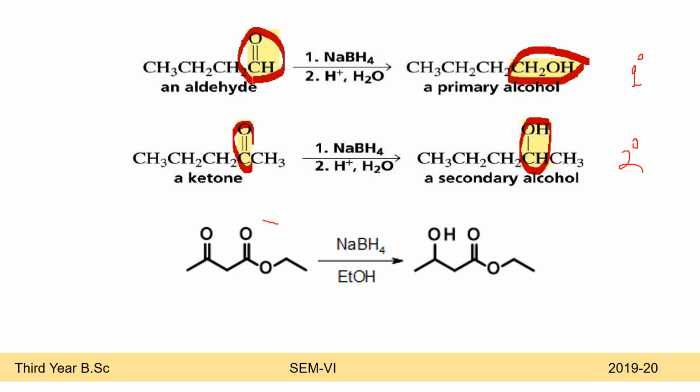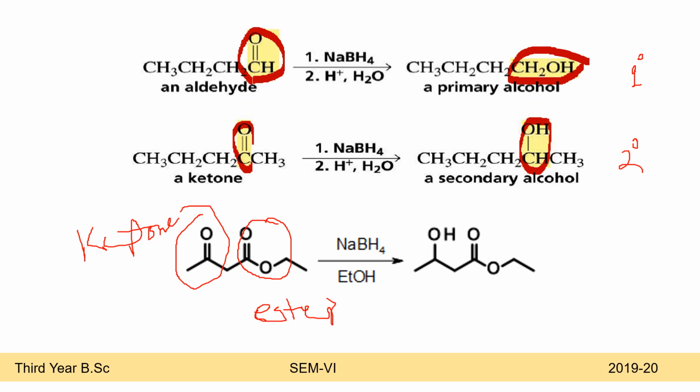Here you can see these are the two functional groups. This is an ester functional group, and this one is a ketone functional group. When this particular moiety having two different functional groups is reacted with sodium borohydride, it gives this product.